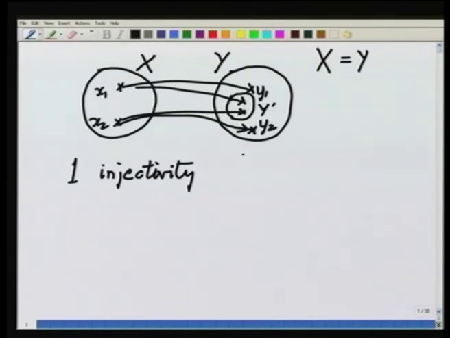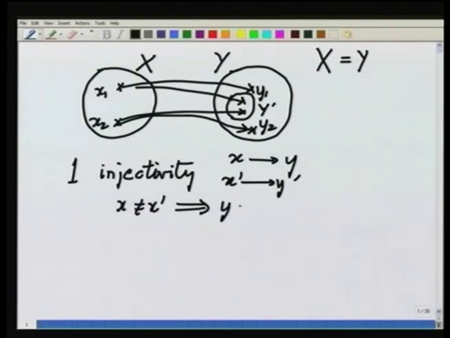That is, when x goes to y and x prime goes to y prime, then x not equal to x prime will imply that y is not equal to y prime. This is the injectivity property.